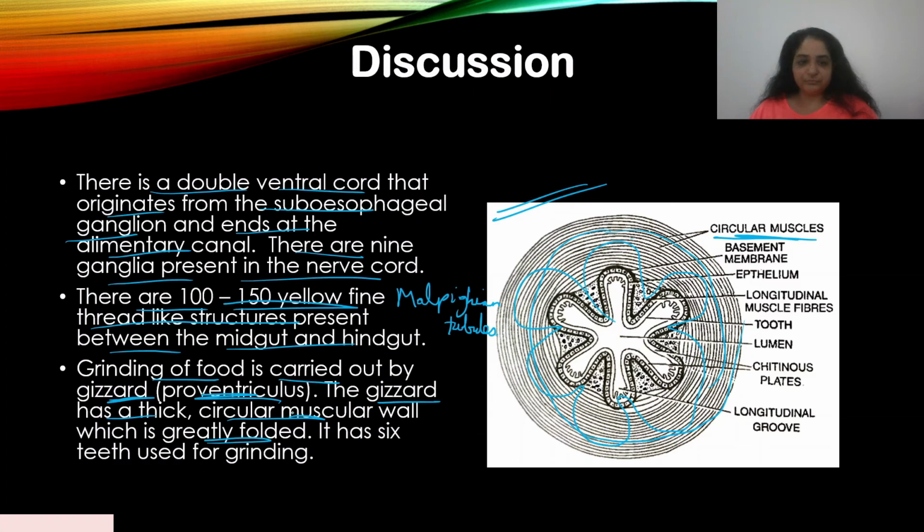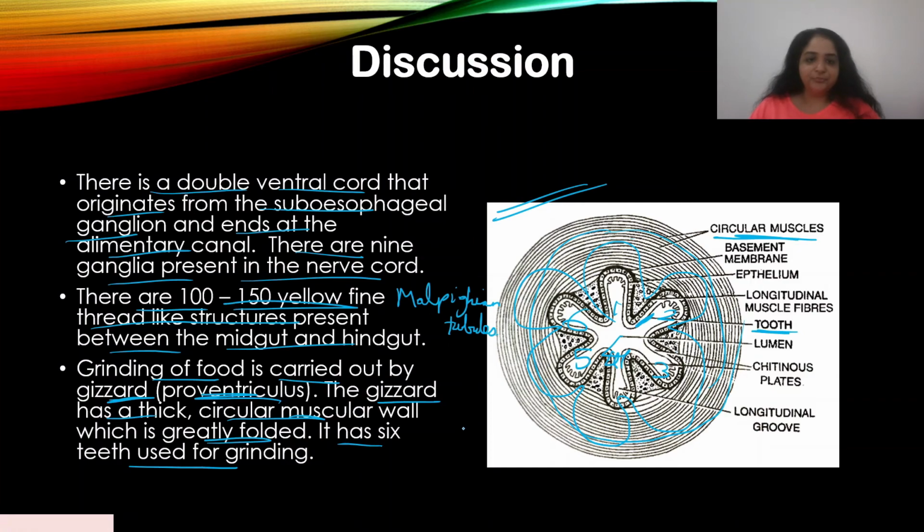It has 6 teeth used for grinding. So this is one tooth here. You have 1, 2, 3, 4, 5, 6. You have 6 teeth that are used for grinding. So apart from the mouth part, yes, that plays a role, but the gizzard also helps in crushing the food, or grinding the food.